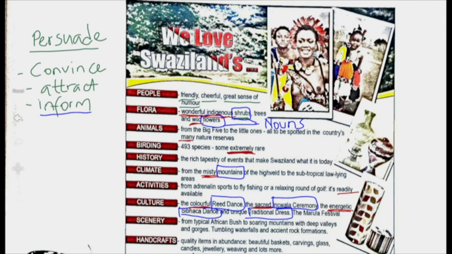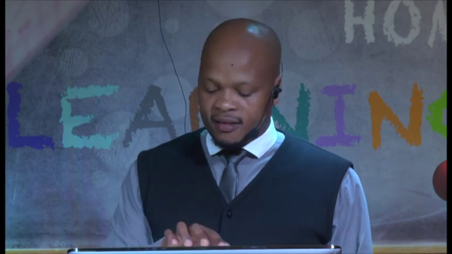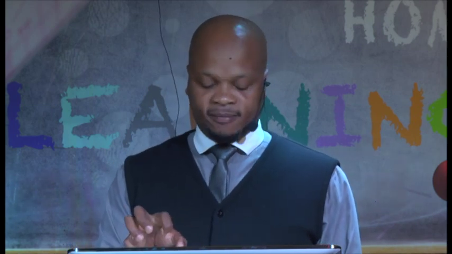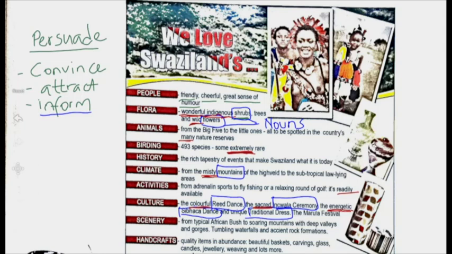No. But there are certain words that have been used to prefix these noun phrases. Reed dance, Ingwala ceremony, energetic Sipaka dance, and then also what? We also have a unique traditional dress. All right, I think we've done about enough examples of these words.